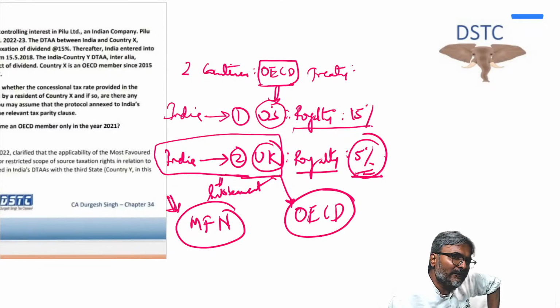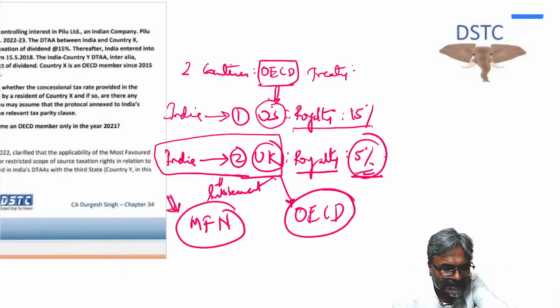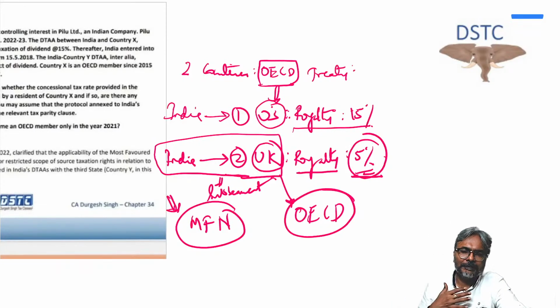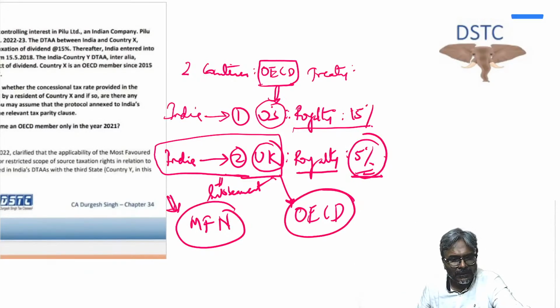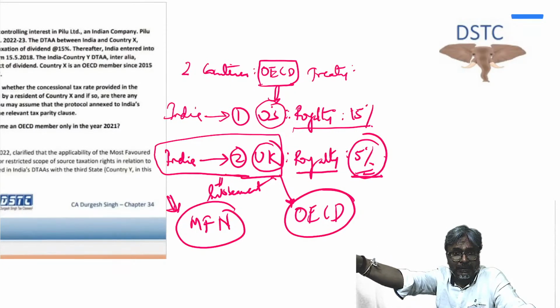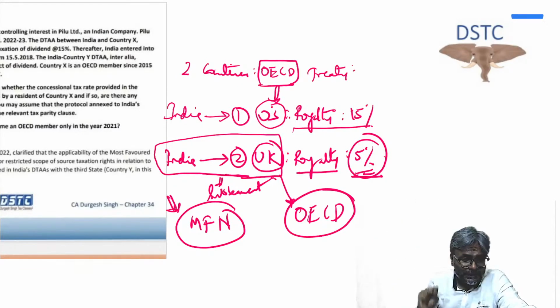Now what is this MFN concept? Just take an example. Supposing I am a US resident and I have earned royalty income in India, and I am finding that the royalty income in UK is taxed as per their treaty at 5%.